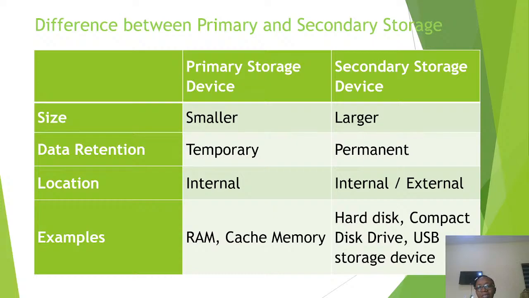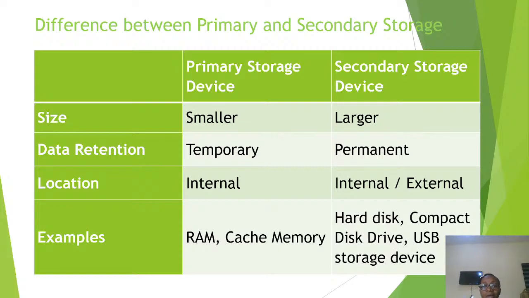All right. Having looked at these storage devices, both the primary and the secondary storage devices, what are the differences between them? The differences can be grouped into four: size, data retention, location, and examples.